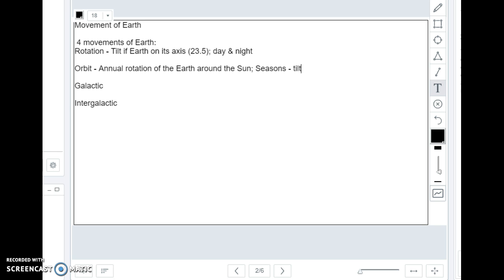Oops, I just noticed I had a typo in rotation here. So orbit, we have the annual rotation of the earth around the sun. This helps with seasons, but know that seasons are directly impacted by the tilt, by Earth's tilt.